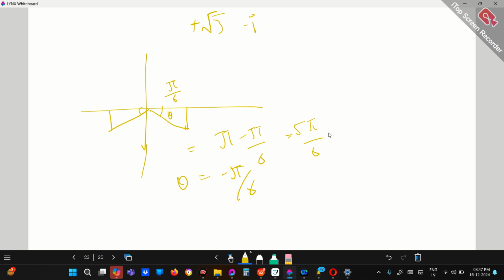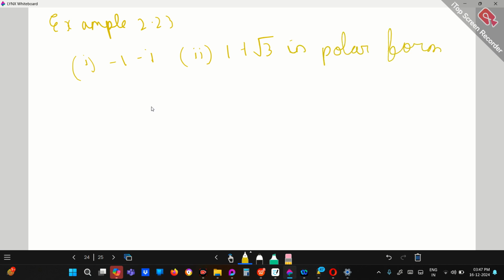This is actually a very important sum. Example 2.23, a very important sum. Represent the complex number minus 1 minus i and 1 plus root 3 i in polar form. To express this in polar form, z is equal to r into cos theta plus i sin theta.